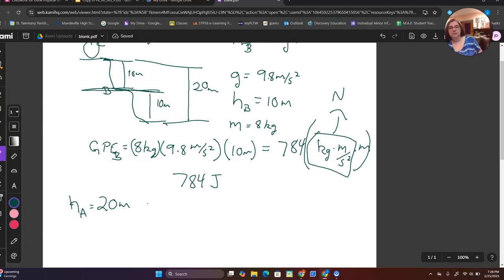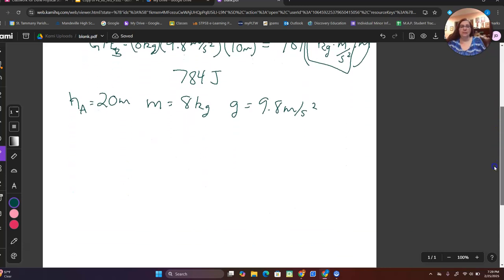Now, did the mass of the boulder change? No, it didn't, so the mass of the boulder is still 8 kilograms. Did the gravitational acceleration change? Nope, which means g is still 9.8 meters per second squared. I'm going to move this up so we have a little more room to work.